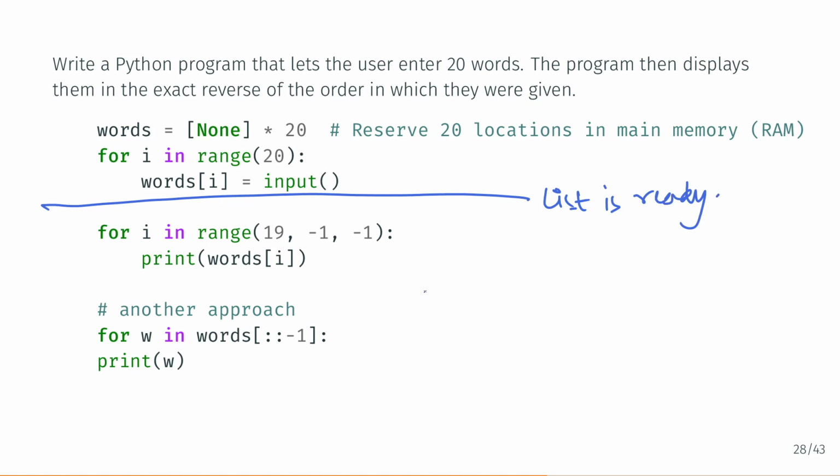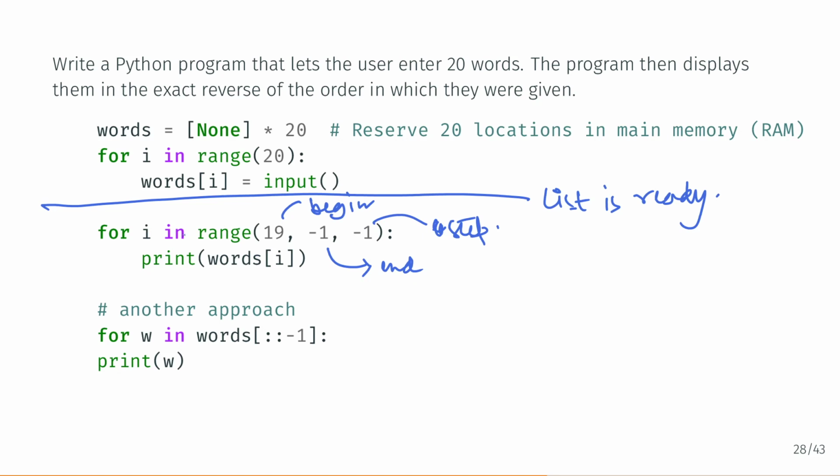The next thing we do is, we can use this formula right here: for I in range(19, -1, -1), okay? 19 is the starting point, the begin index, -1 is the end index, and -1 is the step size.